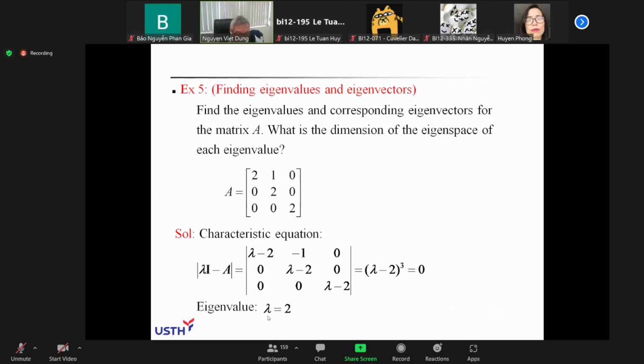So it means that we have only one eigenvalue, lambda equal 2. However, if you look at the equation here, the solution lambda equal 2 is counted 3 times.